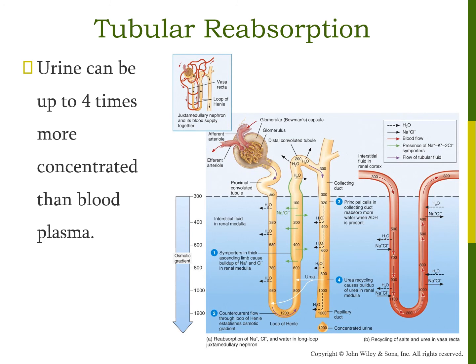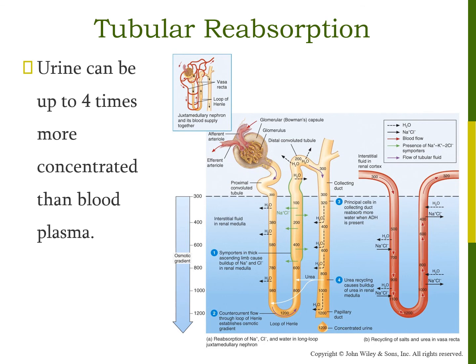When necessary, the mechanisms of urine concentration in the long loops of the juxtamedullary nephrons allow urine to be up to 4 times more concentrated than blood plasma, and this involves the effects of ADH, which contributes to the recycling of urea, which promotes water reabsorption as well as electrolyte reabsorption.